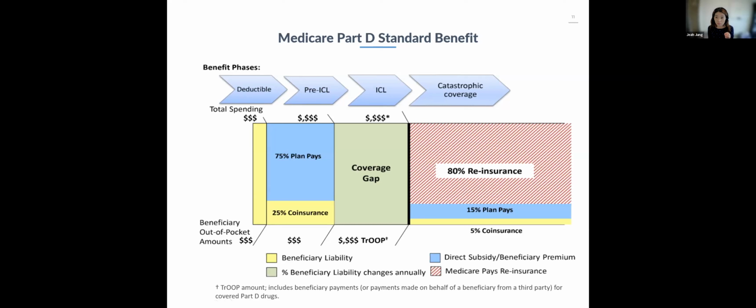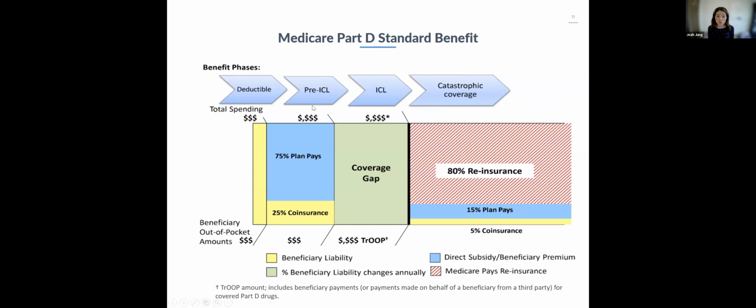There is also an official term that PDE data or CCW uses to indicate a benefit phase. The coverage gap, which we know as the donut hole, has the official term ICL, which is initial coverage limit. In other words, once you hit this initial coverage limit, you're on your own. That's how the Part D program started.